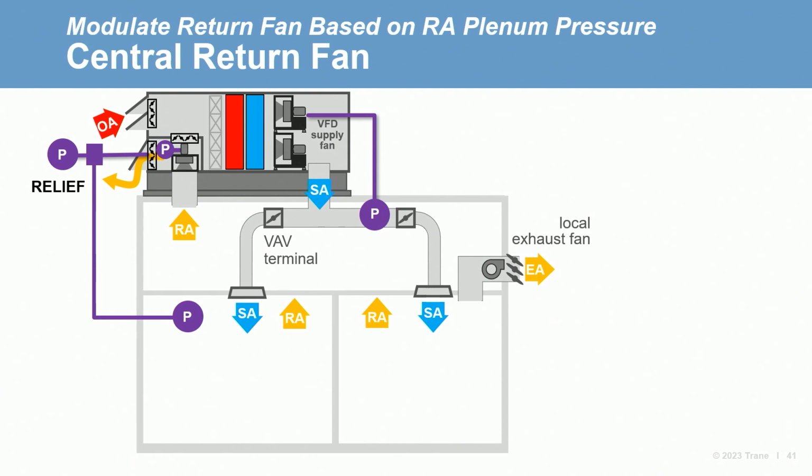As the relief and return air dampers modulate over the course of the system operation, the static pressure in this portion of the return air plenum will change, so the return fan speed will adjust. Eric and John will demonstrate this one.